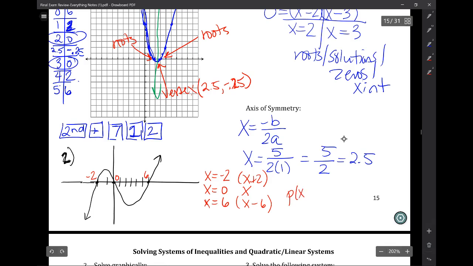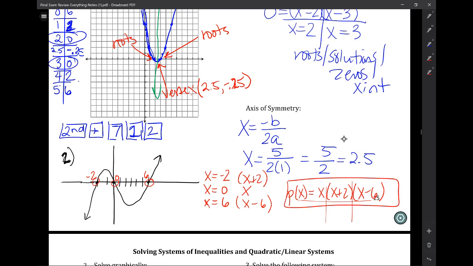So this equation in factored form would be x times x plus 2 times x minus 6, because if I was to loosely t-chart that, I should get these same 3 solutions that I see crossing the x-axis. So this would be your final answer, not t-charted. But like I said, you're going to see that or something similar on your homework, so that's why I wanted to do that.